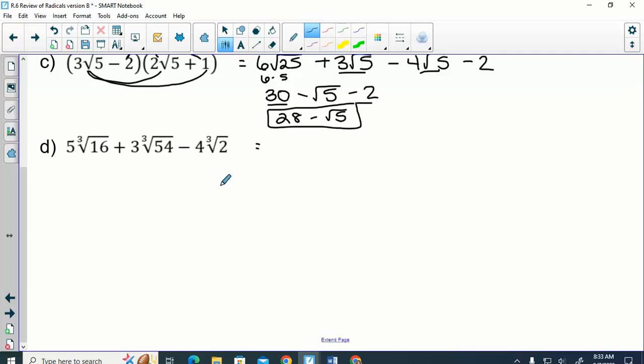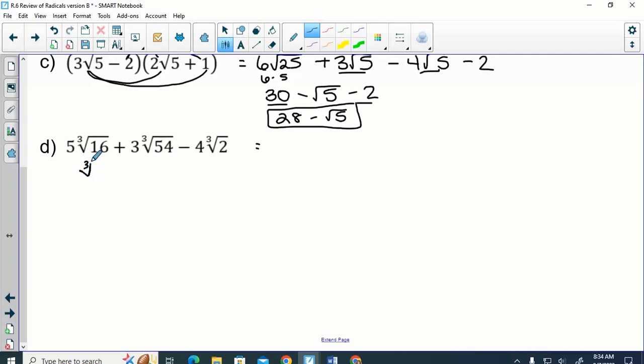Alright, can I add all these together yet? No, they're all cube roots. However, it's not the same thing under the radicals, so we can't combine them. We need to try to reduce our radicals first. So cube root of 16.